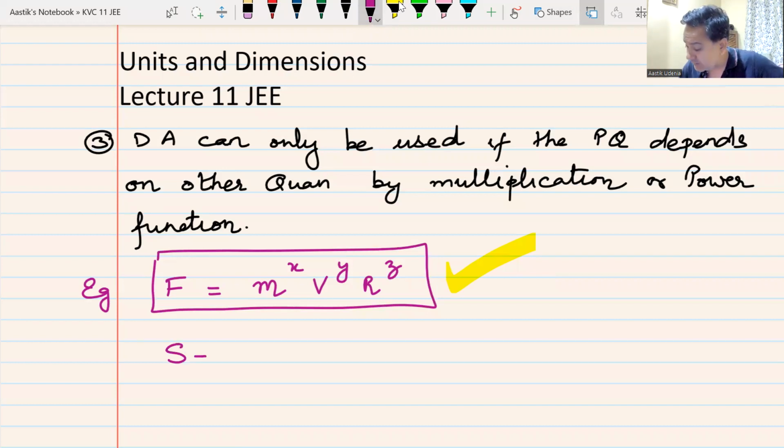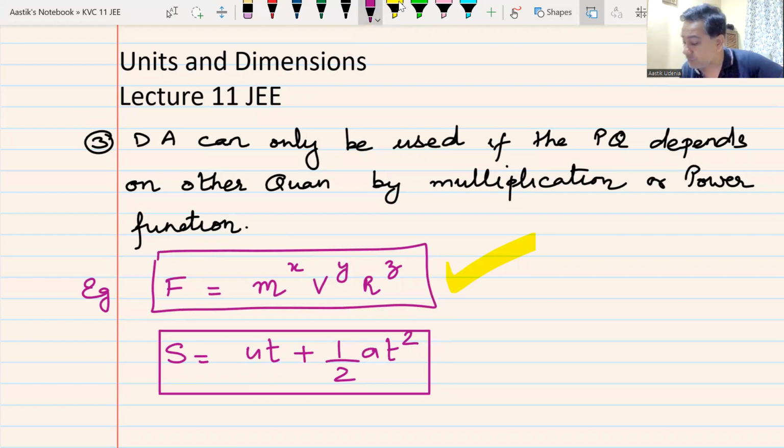But let us take a very common example of this relation, s is equal to ut plus half at square, which is going to come very soon in the next chapter. If the relation is in the form of addition, as you can see, there is a plus sign here. Now, this relation cannot be derived using dimension analysis.